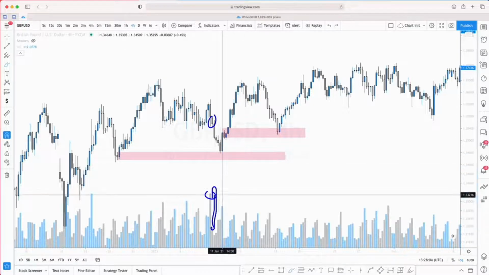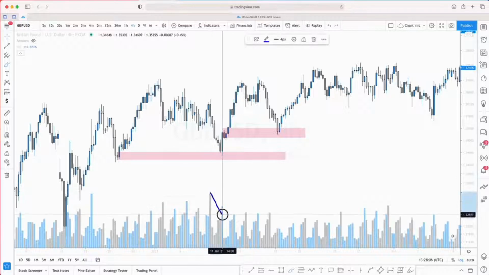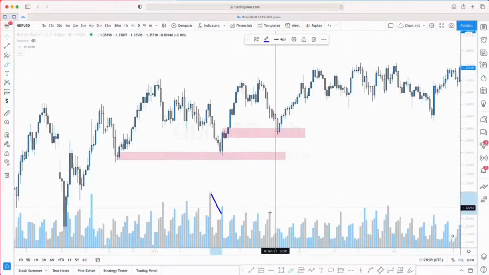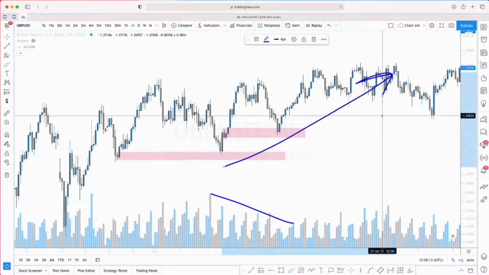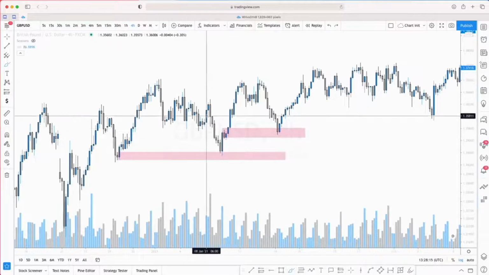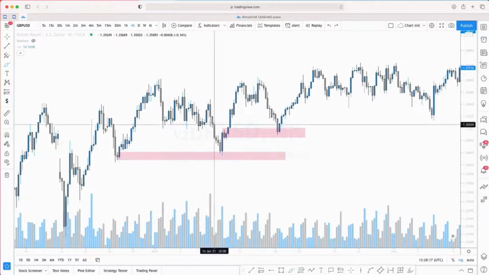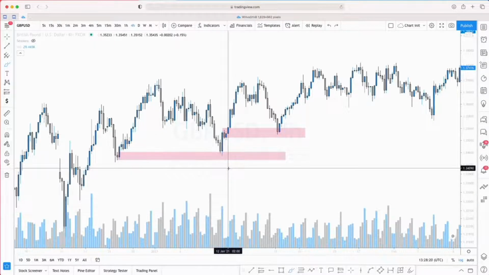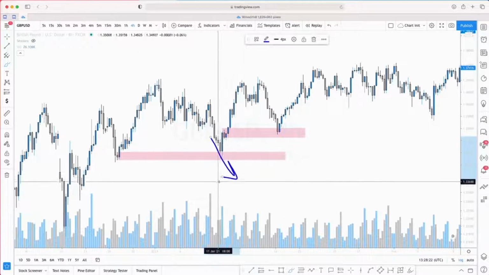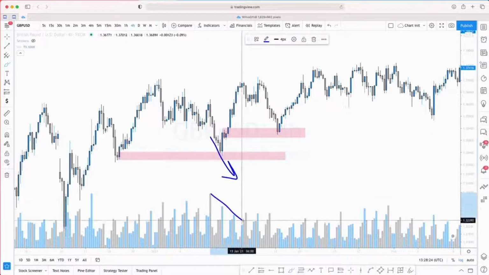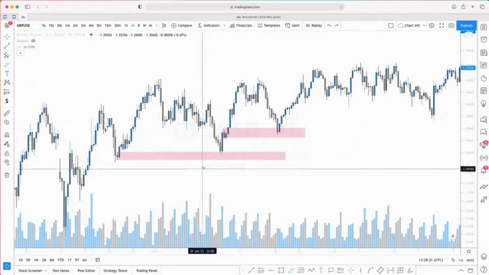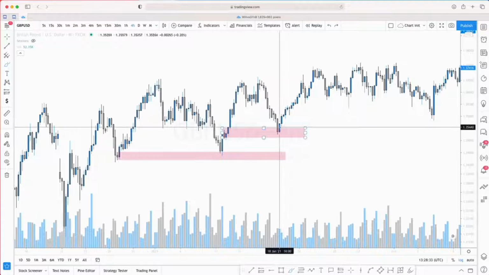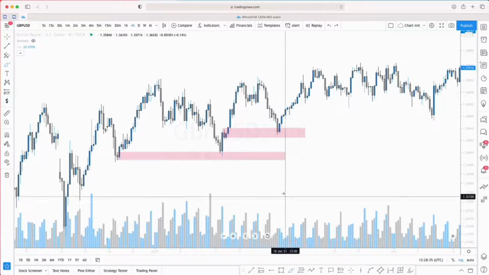But what happens is there is a diminishment, and that diminishment actually continues, as we can see here, as price continues to go bullish. So as price is approaching our POI, it doesn't make sense for price to continue in a bearish direction because there's no increase in bearish volume. So it's telling you basically that this move is not true, and that's essentially how we are using it.